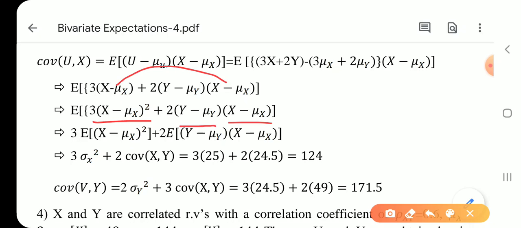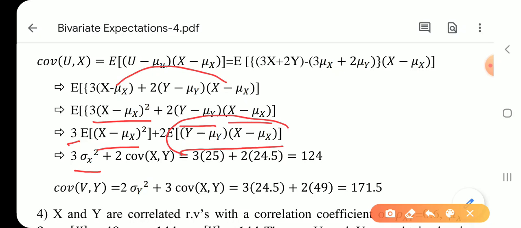Let us take the expectation for each term now. Since 3 is constant, it can be written outside, E of x minus mu x whole square, plus 2 into E of y minus mu y into x minus mu x. Therefore, E of x minus mu x whole square is nothing but 3 into sigma x square.